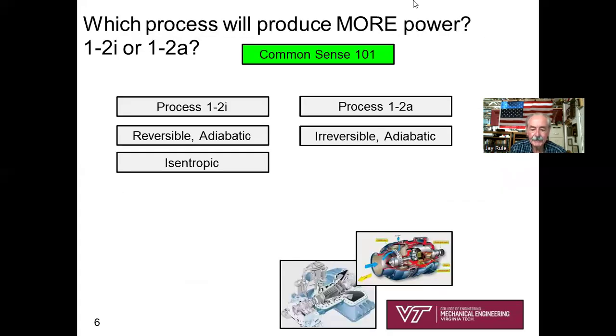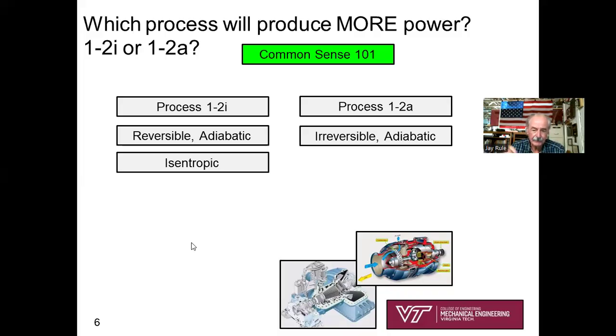Now for a little bit of a mental test. We just looked at 2 processes for a steam turbine. Process 1 to 2i, reversible and adiabatic, also known as isentropic. And then we looked at a similar process, but it's irreversible, process 1 to 2a.